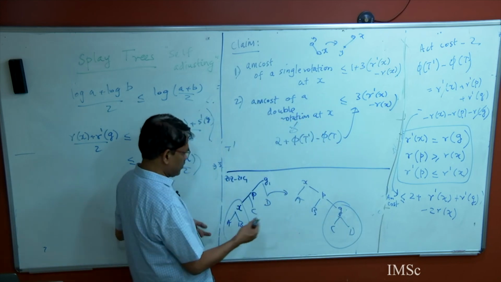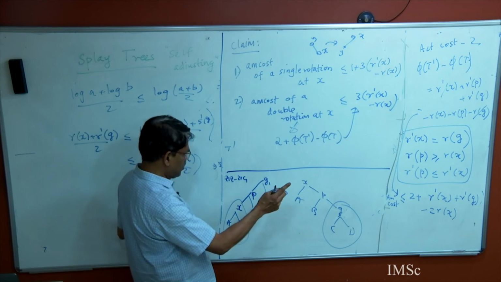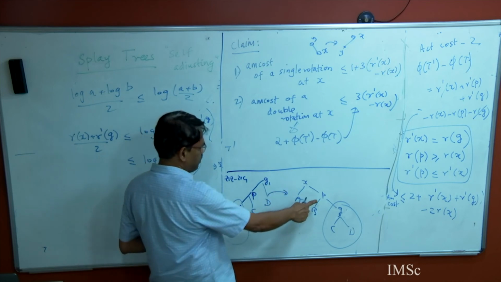And they are disjoint, as you can see. So it covers a, b, x, c, g, d. The only thing that does not cover is this p.